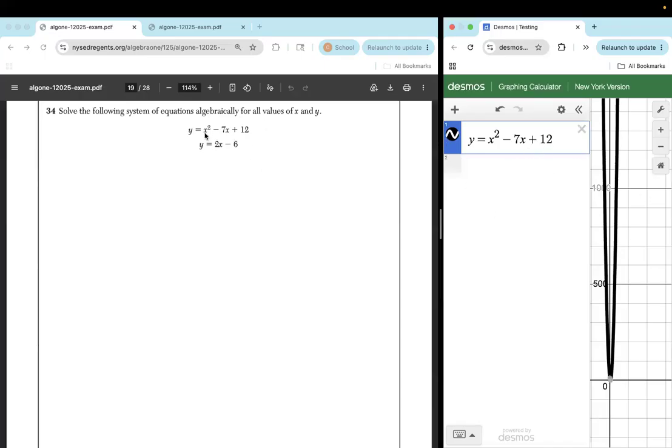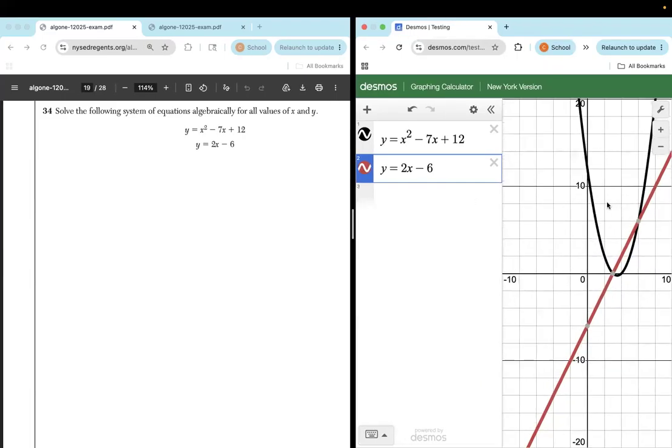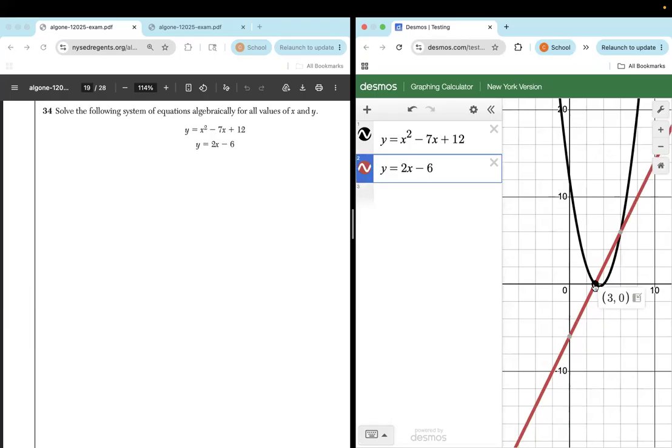Okay, so let's graph each one. y equals x squared minus 7x plus 12, and then y equals 2x minus 6. The solutions to a system are the points that satisfy both, in other words, where they cross. So these are my solutions. Notice how this is worded.